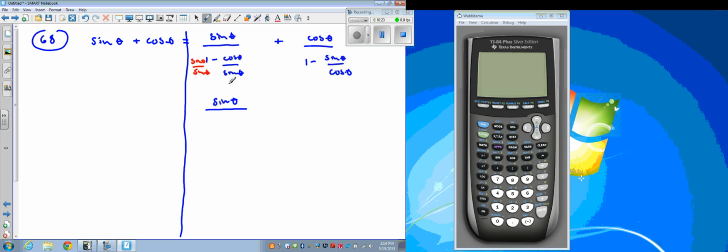But Brad, do you see it? I'm just working on this to get a common denominator. So I have to multiply this by sine over sine, and then I can write this thing as sine theta minus cosine theta over sine theta.